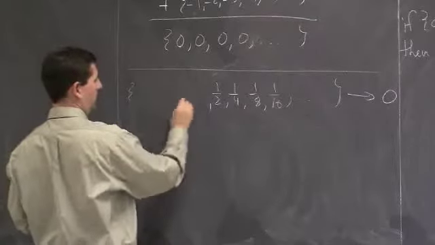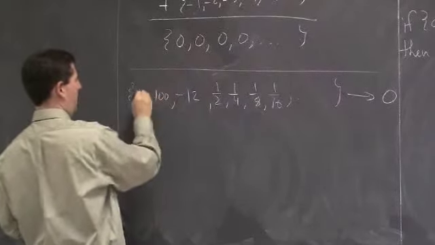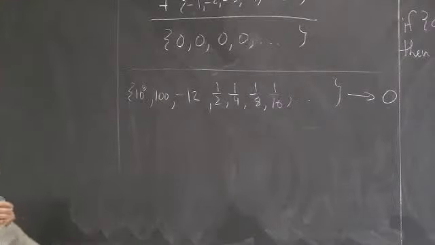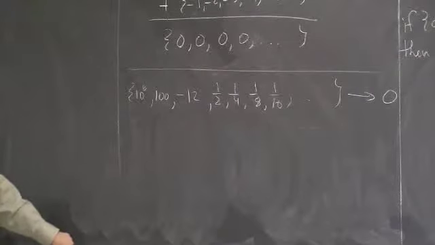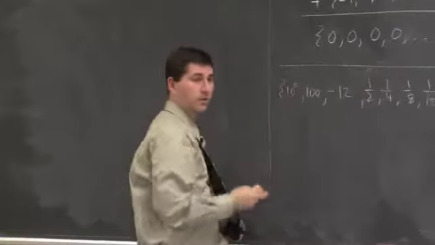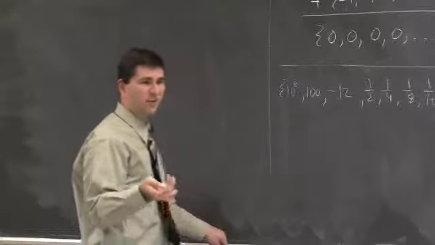Let me put minus 12 and 100 and 10 to the 8th. Right? Just throw some garbage in the front. What does the sequence now converge to? Still converges to 0, right? Would it matter if I put more garbage in front? Why not? Right? What does convergence care about?